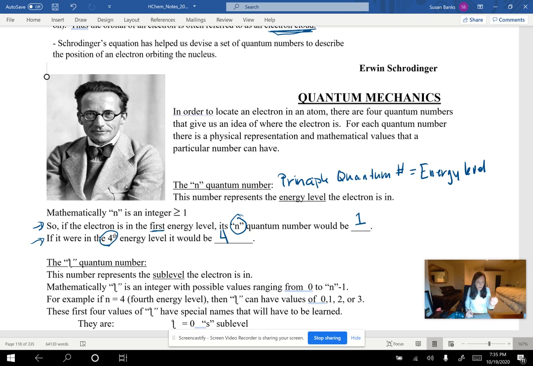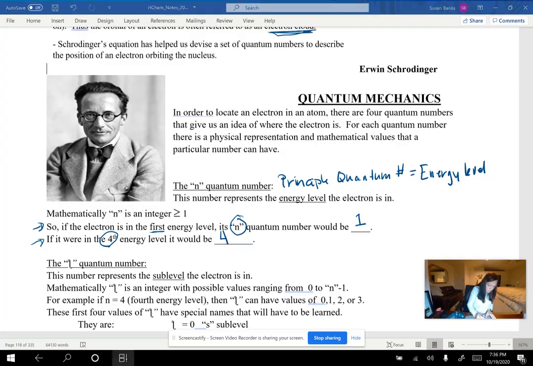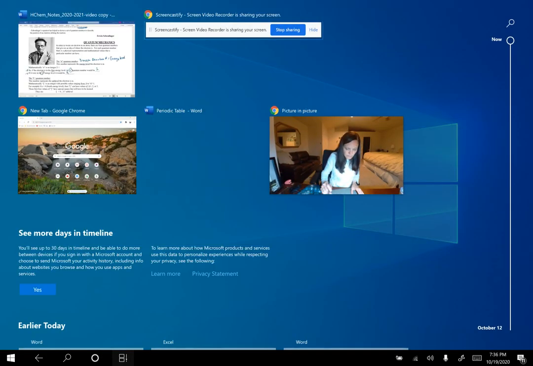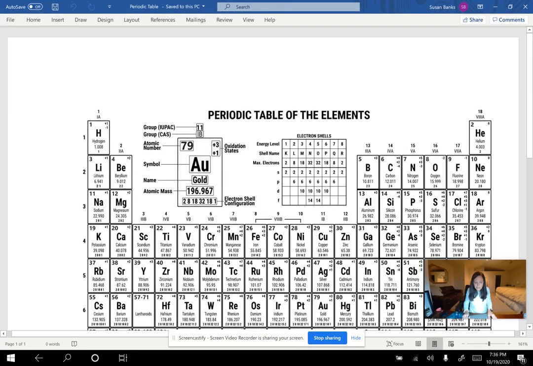Now I want you to get out your periodic table and I'm going to show you how this matches up with your periodic table. So I'm going to grab our periodic table really quick. Now remember when I told you that the periodic table is divided into periods and the periods are the rows?